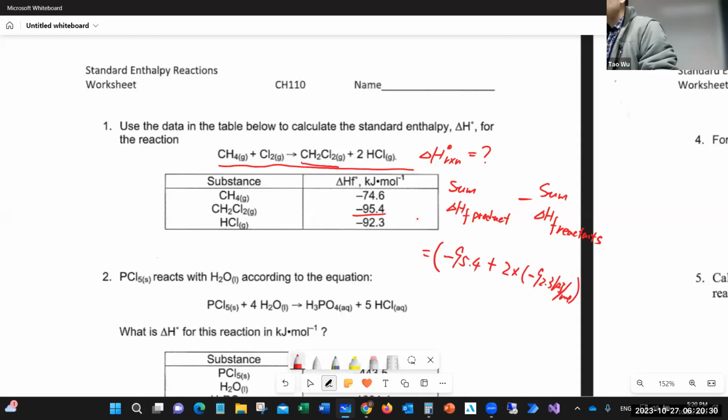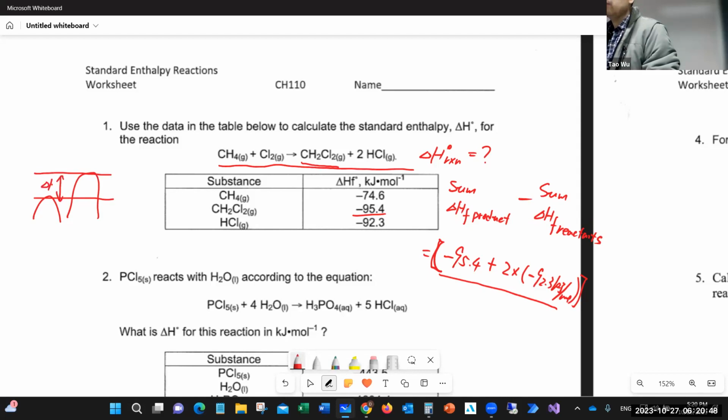You add these together, and that's the sum of the enthalpy of formation of the products. Remember, I'm trying to figure out the difference between those two, because that difference will be the enthalpy of the reaction. So this is the sum of the products. Remember, we only take the products.